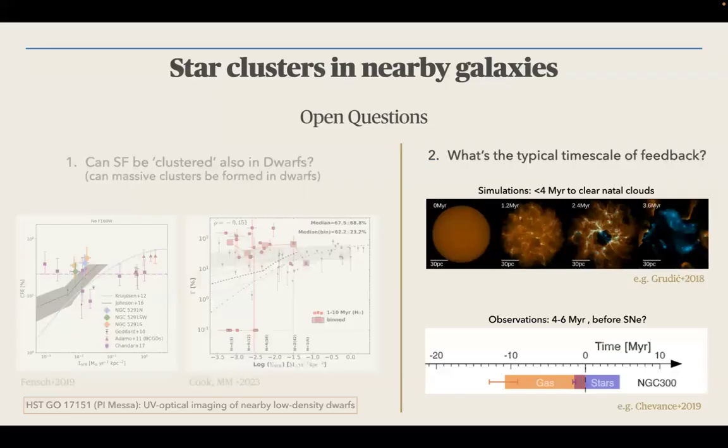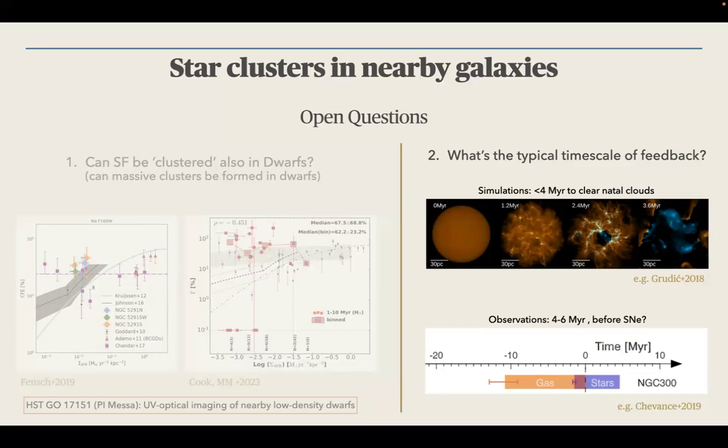Another interesting question is about the feedback timescales, because both according to simulations and observations, the process of clearing a cluster from its natal gas looks very fast. According to simulations, it takes even less than 4 million years, so even before the first supernovae appear. In observations there are a lot more uncertainties.